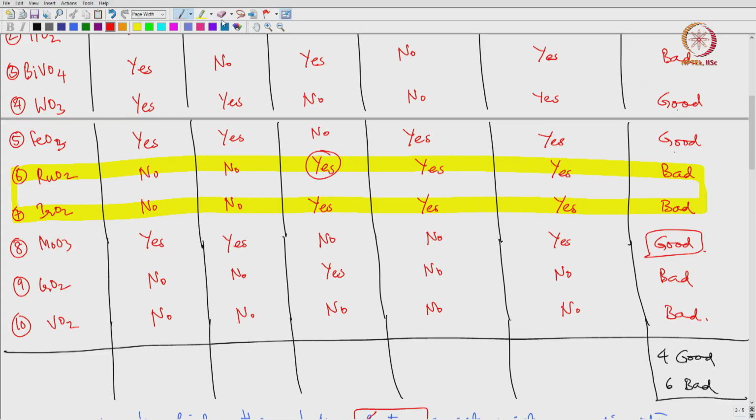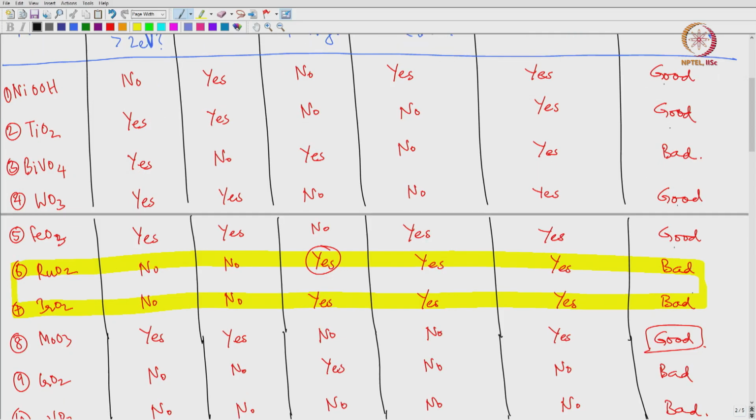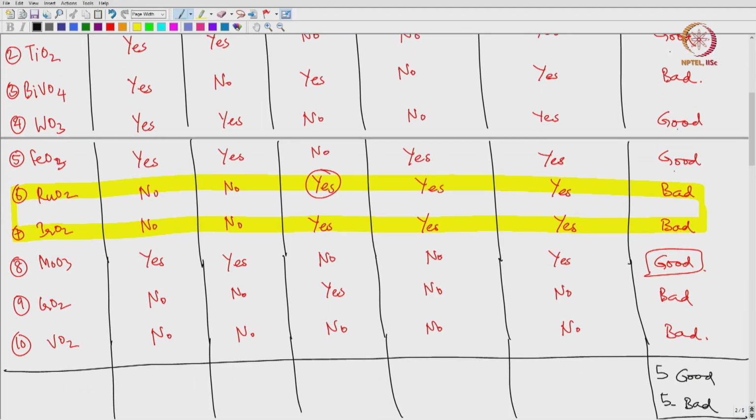There are 5 good points and 5 bad points, so it is an evenly split data set. The first 2 points are good and the third is bad, the 4th and 5th are good, the 6th and 7th are bad, the 8th is good, and the 9th and 10th are bad.